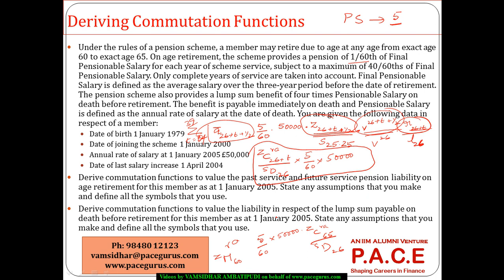So only from 34 to 39 the summation I can take as ZMRA60, and that divided by SD26 multiplied by 5 by 60 multiplied by 50,000. So that is what is going to be there for the past service benefit.